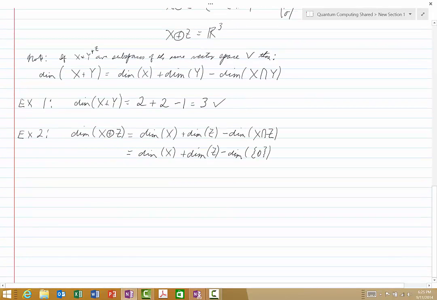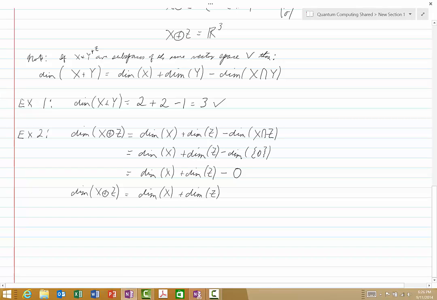So this becomes dimension of x plus dimension of z minus 0. And so we finally get that the dimension of the direct sum of x and z is the dimension of x plus the dimension of z.